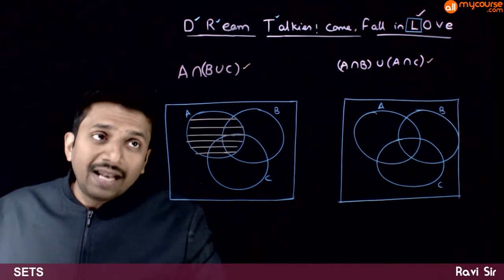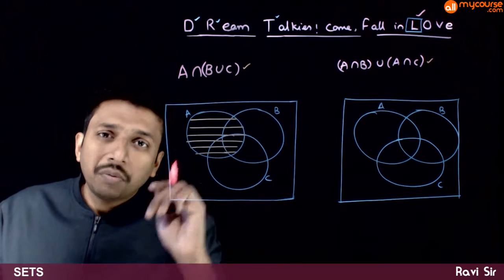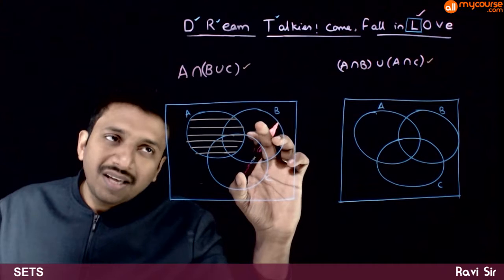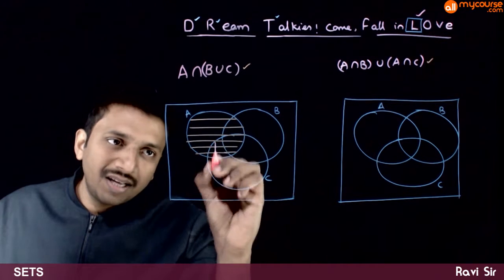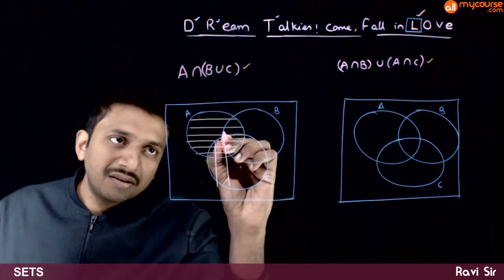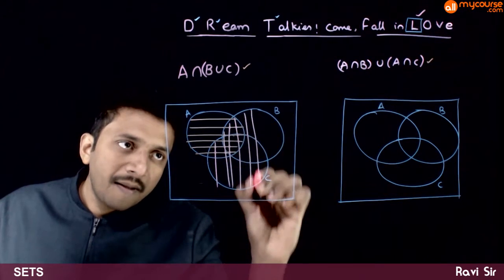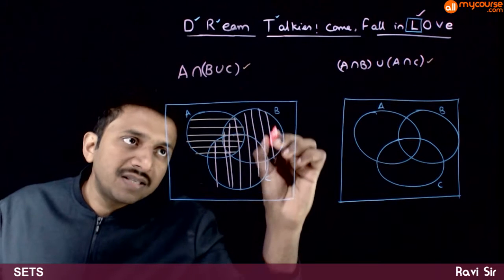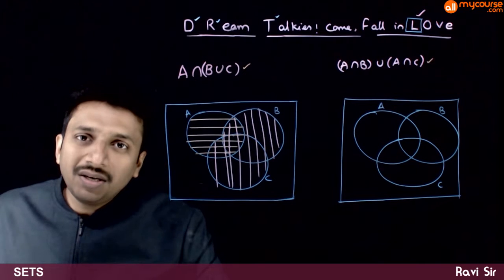Next, I'll shade my B union C using vertical lines. B union C is all of B and C, so that is this region, right? This region is the region corresponding to B union C.